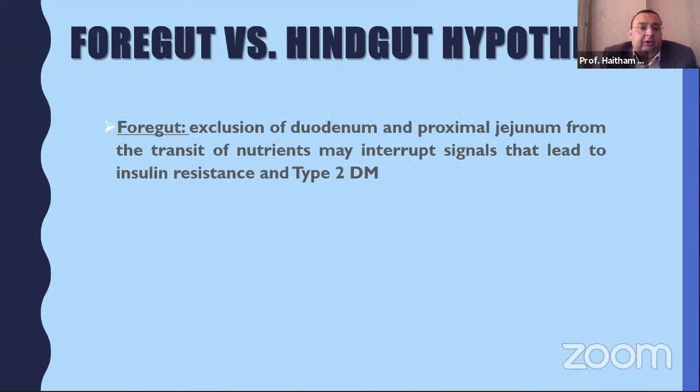The rearrangement of GIT. The foregut hypothesis states that the exclusion of the duodenum and proximal jejunum from the transit of nutrients will interrupt signals that lead to insulin resistance and diabetes mellitus. These are the anti-incretin signals. So the foregut hypothesis says that when we exclude the proximal GIT, we will interrupt the anti-incretin signals and increase the incretin signals.